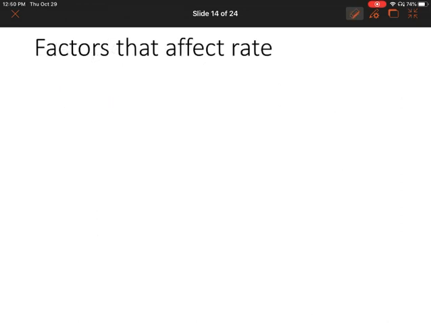So now let's talk about factors that affect the rate constant. And I forgot to put in constant here, so that's the K value. So factors that affect the rate constant are temperature, so that can affect the frequency of collisions.